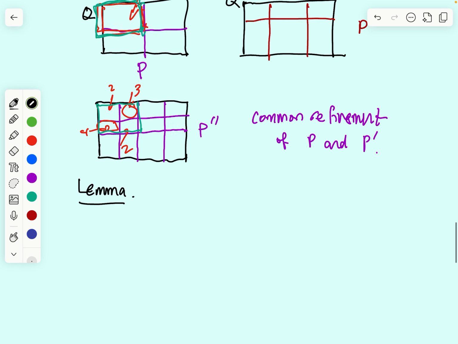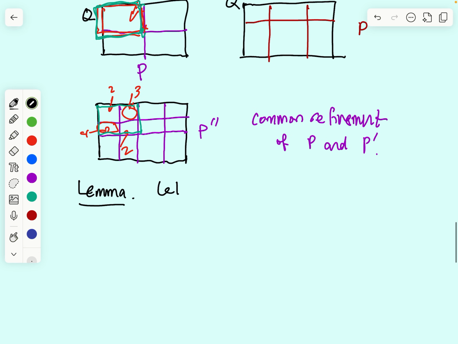Let's say that P is a partition of Q, and f from Q to R is a bounded function.